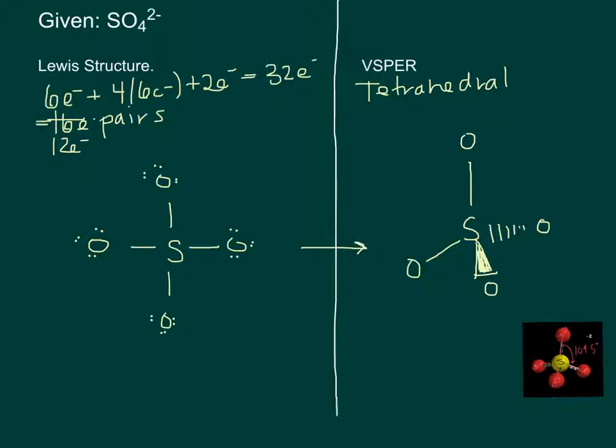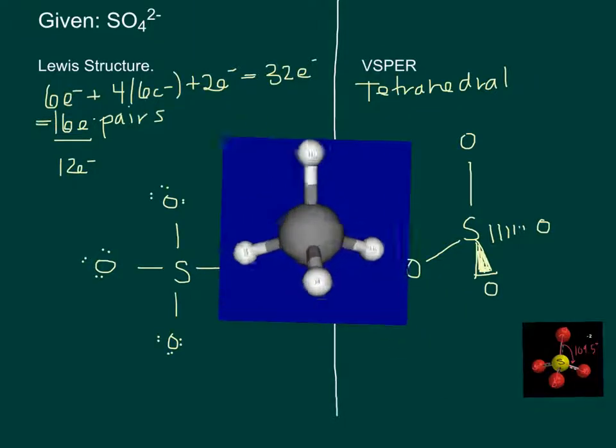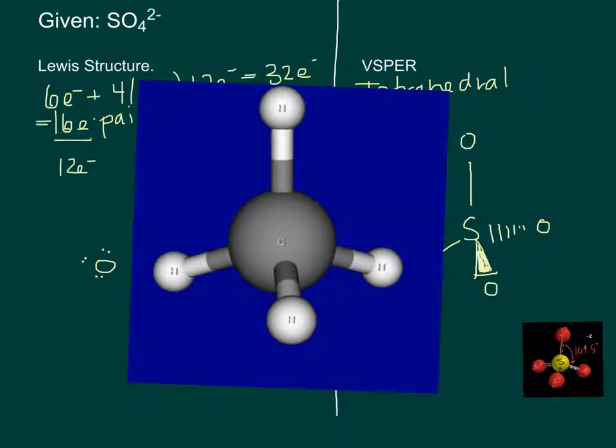The angle is good to know because when we know the angle, we can see how strong the repulsion is between each of the outer oxygens or the outer atoms. Here's another good example. This is CH4.